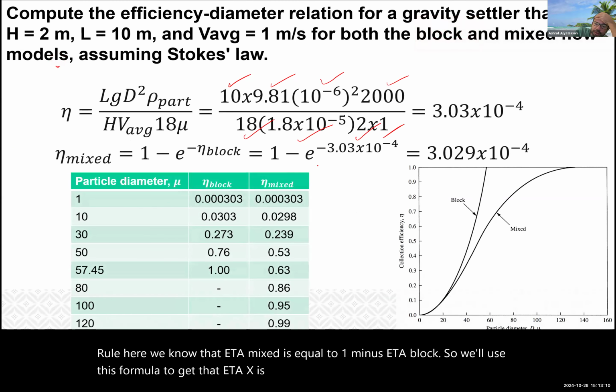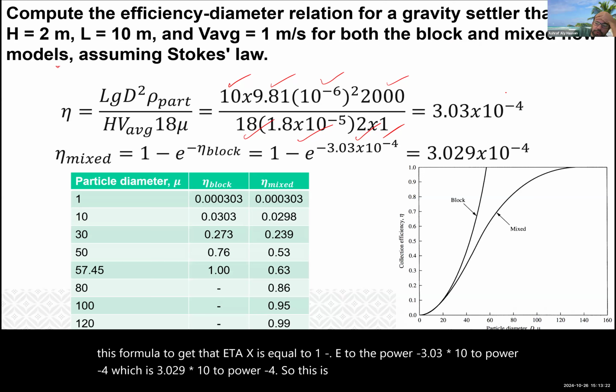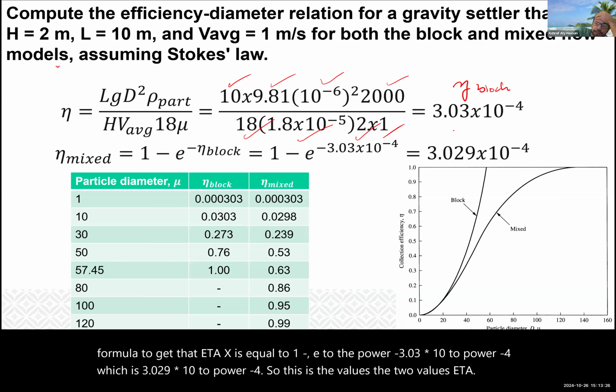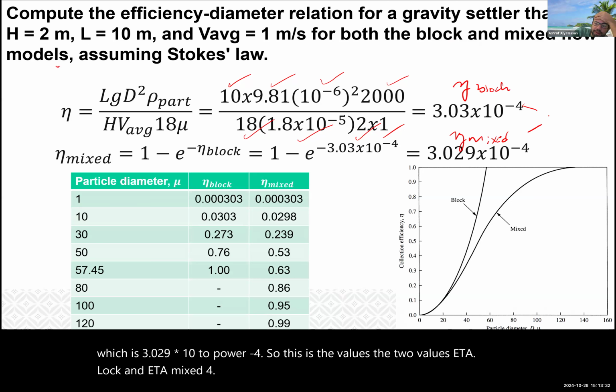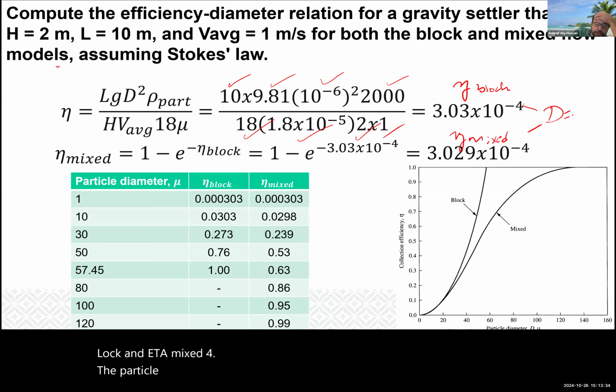So these are the two values, eta block and eta mixed, for the particle size of 10 to the power negative 5 meters, which is 10 micrometer.